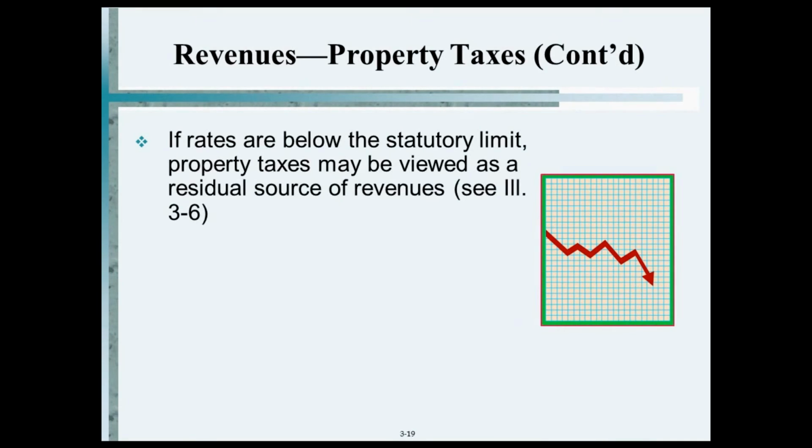Now let me explain to you what that means. Every piece of property is assigned a value, which is called, and you don't have to write this down, the aggregate assessed valuation, which is what the property is worth on the tax roll. Okay? So $500 million worth of property in your township.